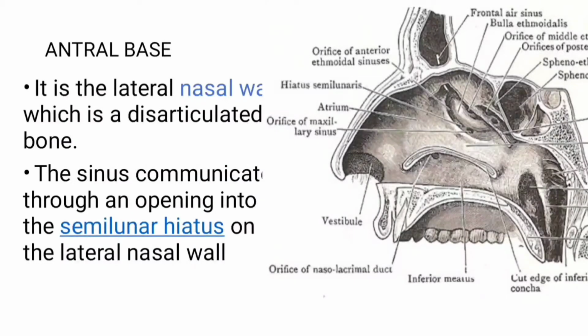Here is the maxillary antrum or sinus base, which is the lateral nasal wall, showing the inferior turbinate and superior turbinate, which is cut, to show the ostium or opening of maxillary sinus into the nasal cavity.